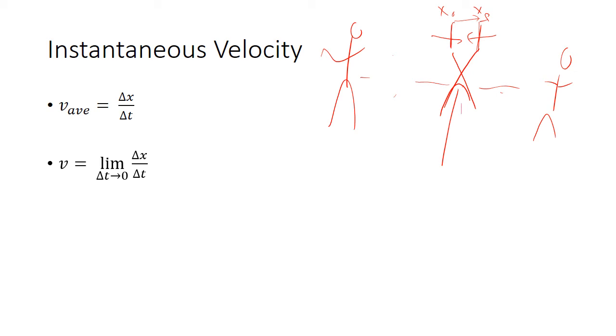And so all we have to do is compute that. If you remember, one way of writing delta x is x at t plus delta t minus x at t. So we want to take the limit, as delta t goes to 0, of x of t plus delta t minus x of t, divided by delta t.